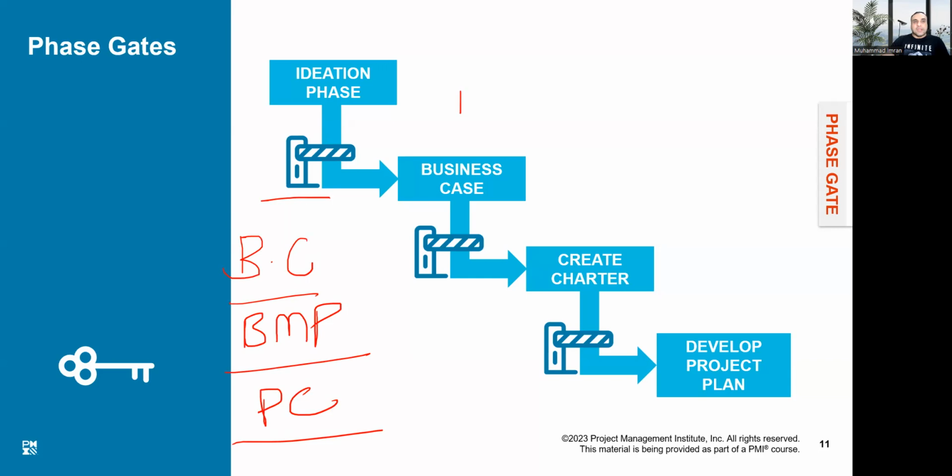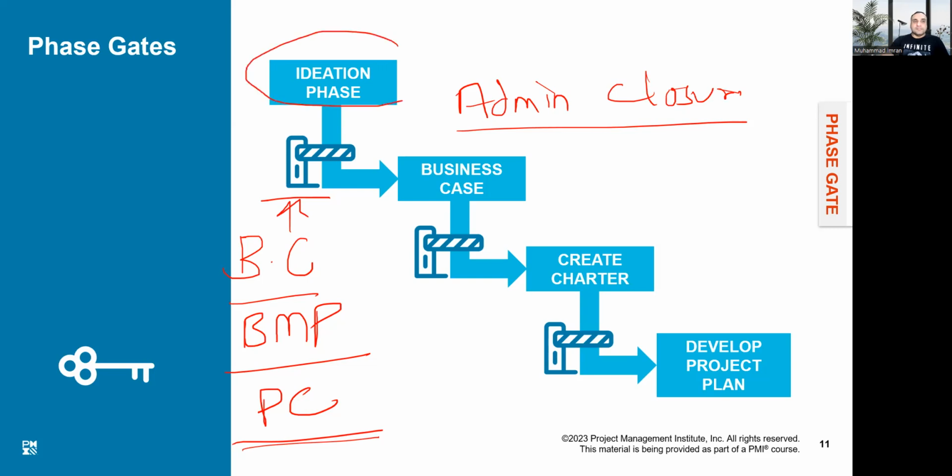We call it administrative closure, where we have to make the transition if it is incremental delivery, or we have to get the approval of the deliverables before moving ahead to the next deliverable. So at every phase gate, we use the business case, benefits management plan, and project charter to review the business viability of the project. This will be done with the help of a steering committee, or it could be the change control board, who will be looking at whether we are spending in the right direction or not.